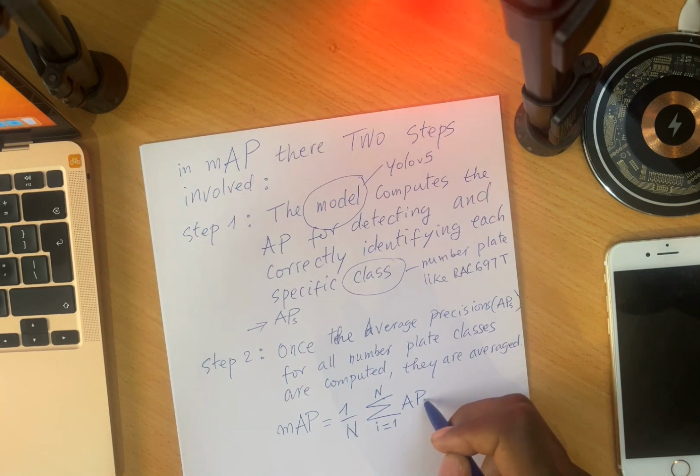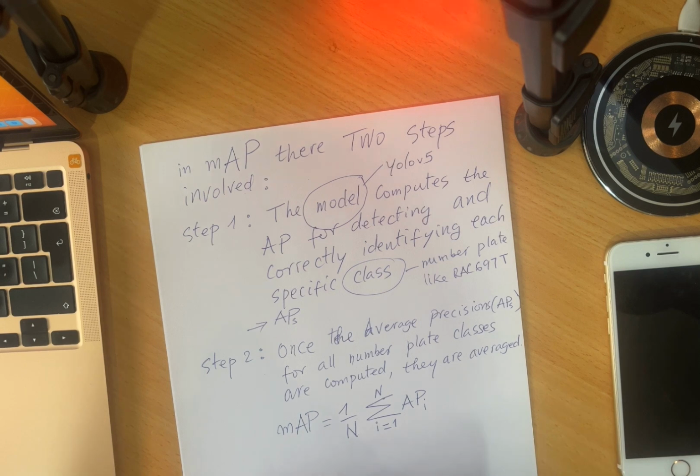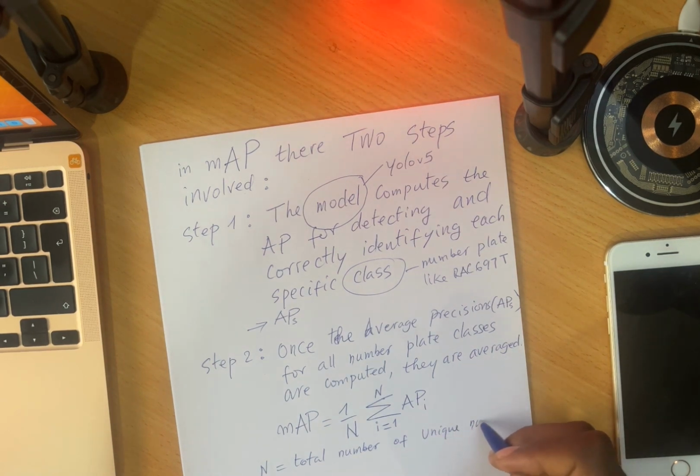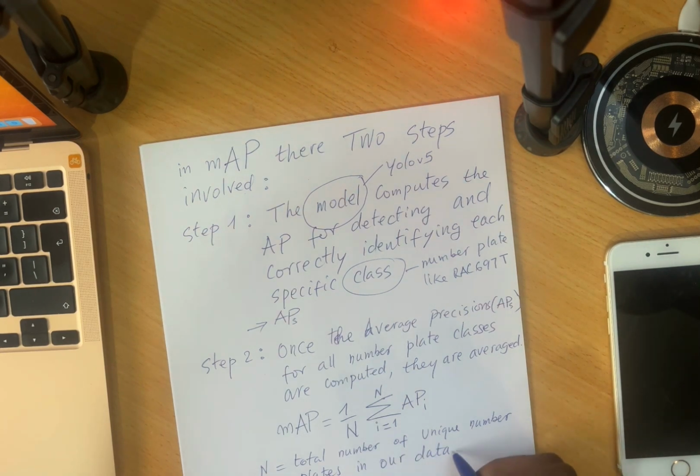As you remember, n again is the total number of unique number plates in our dataset in the case of ANPR, and i, of course, is a specific class in our dataset.